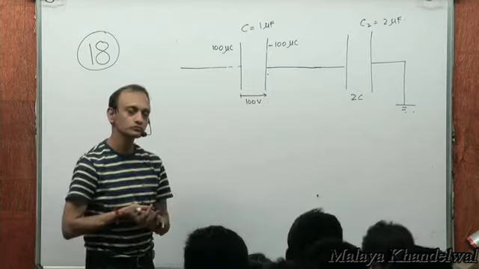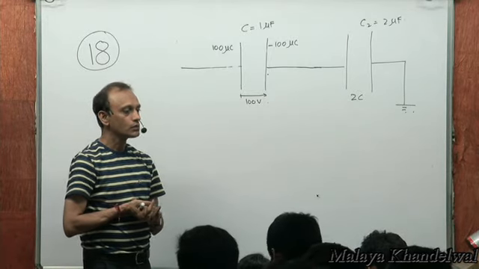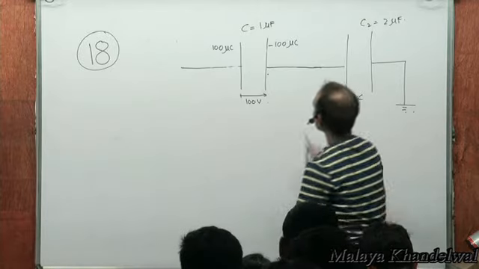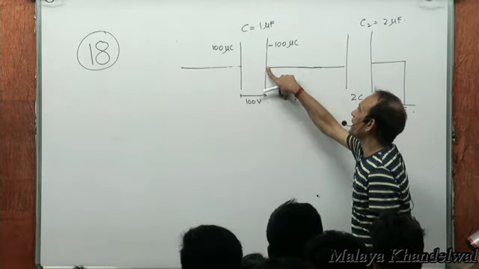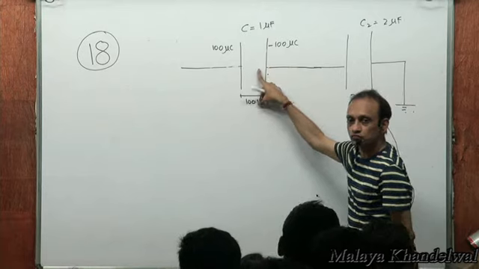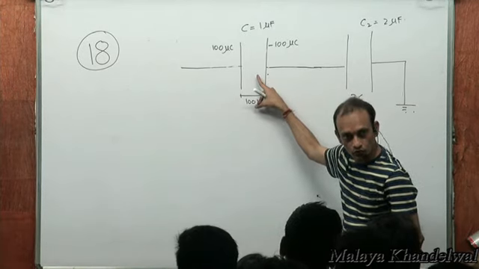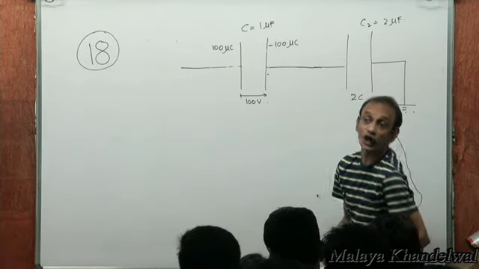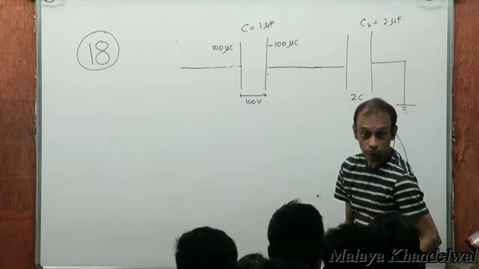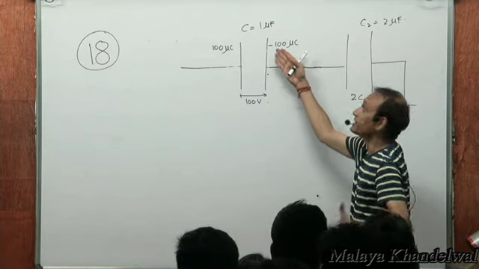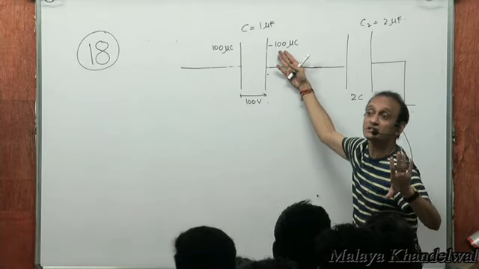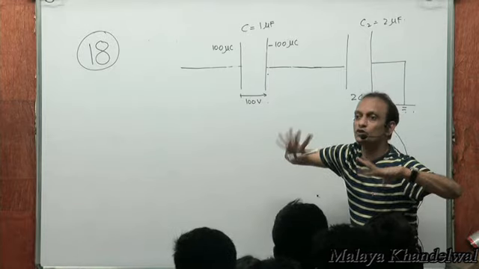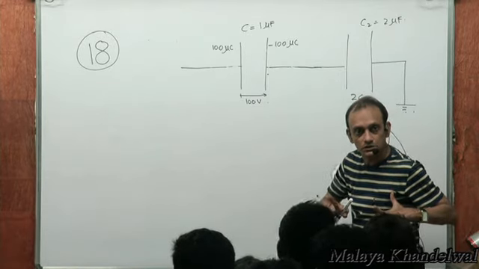Now, first of all, when I join these two, there should have been a charge exchange, right? Under normal circumstances, some part is liable to flow between these two plates to eventually equalize their potentials, right?